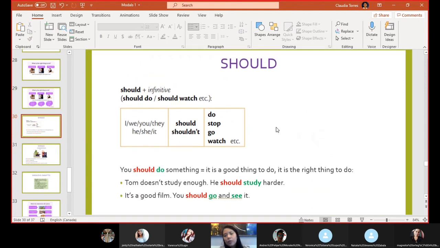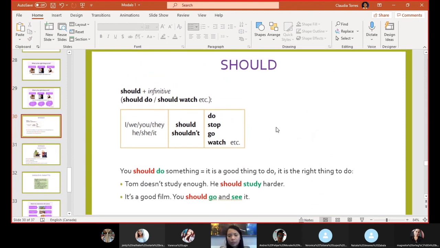So now here we have the grammar structure. I'm going to take the screenshot again for Silvana. Should is very easy, because if you already know how to use might, must, and may, and all the other modal verbs, it's the same rule.